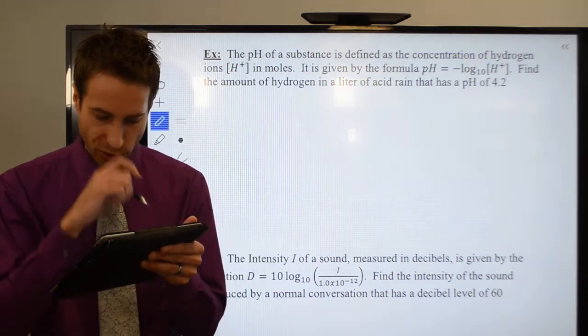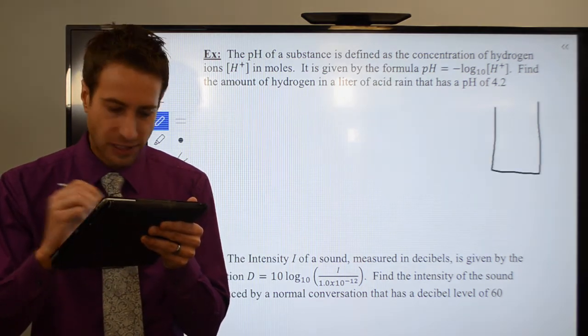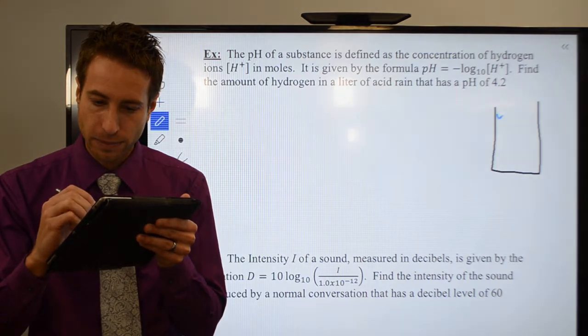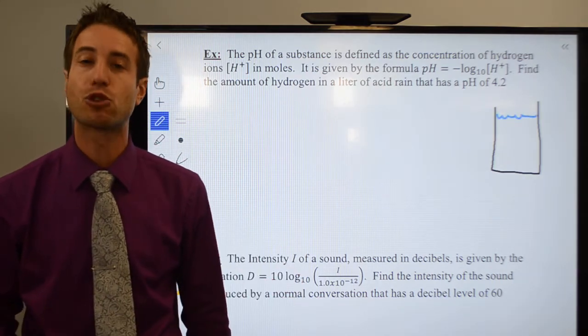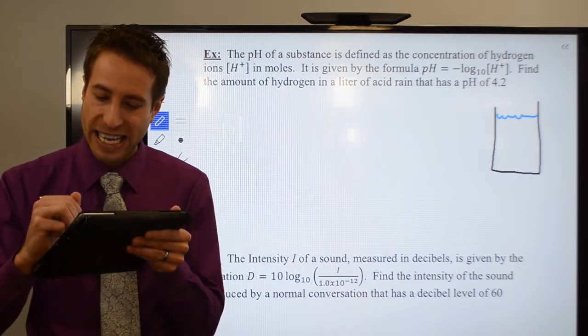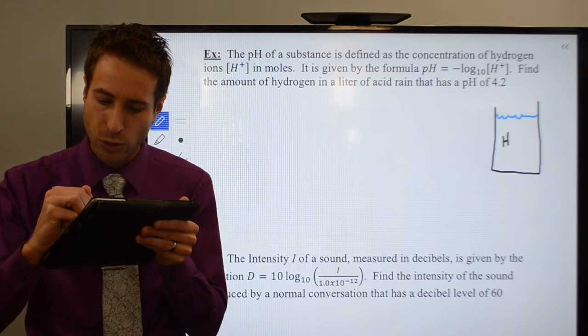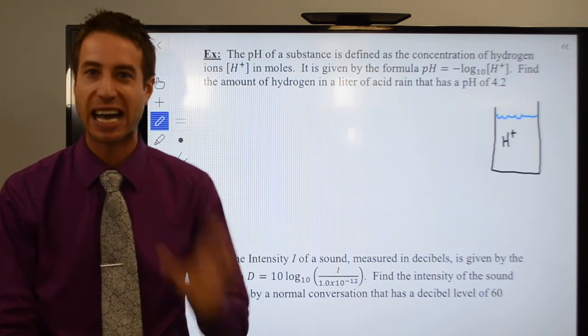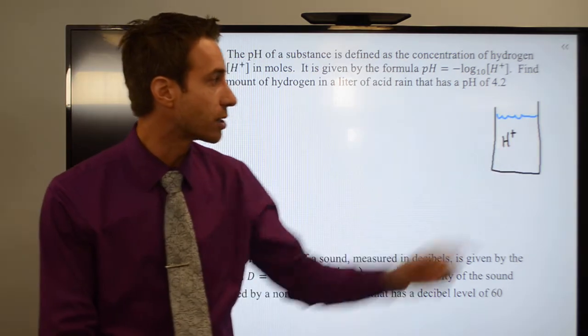Picture this for me real quick. If I've got a beaker and I have some liquid in that beaker, what I'm doing when I measure the pH is trying to figure out how many hydrogen ions, which are just free protons. Generally you write them as an H+. It's a hydrogen ion that's lost its only electron and you're left with just a proton.